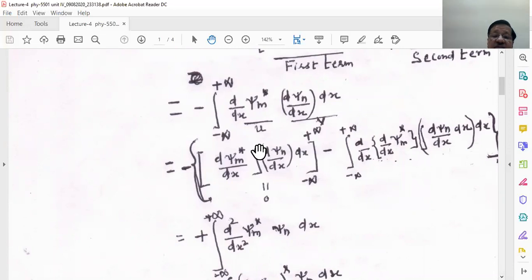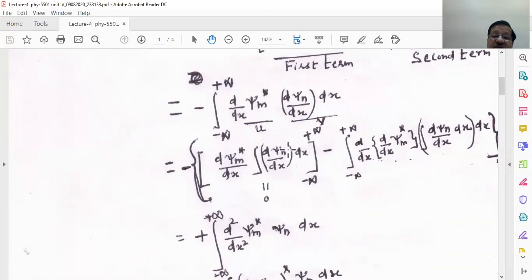In this term, the integration of d psi n by dx with respect to x will give me psi n. So this term is nothing but d by dx of psi star into psi n, because this will give me psi n. Now look at the integration: it is carried out from minus infinity to plus infinity.